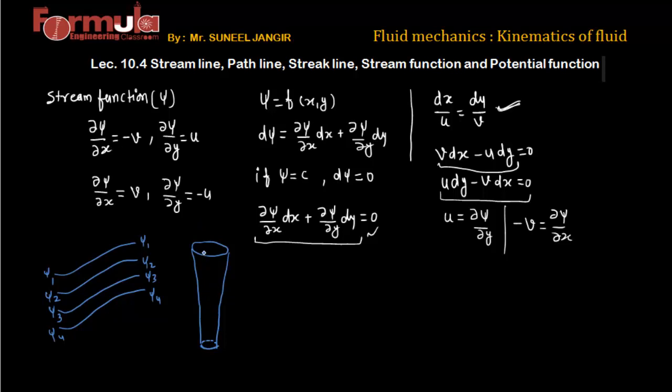In this case, this is defined as a stream tube, and it is formed by a number of streamlines. You can imagine a broom, where every broomstick is one streamline. So for a particular streamline, the stream function remains constant.